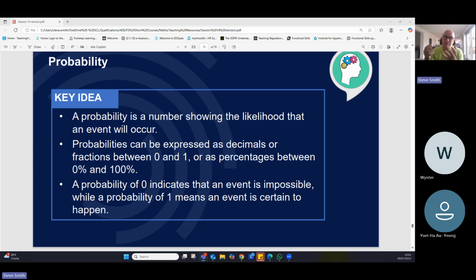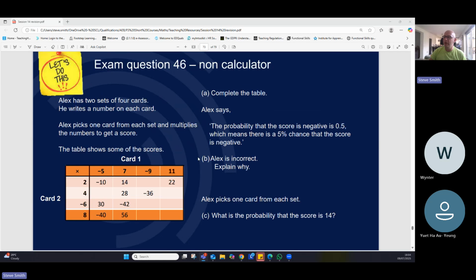With a bag of Skittles, there's normally about 20, so your chance of picking a yellow or an orange one will be out of 20. So probability is based on the chance of that occurrence happening. If we look at this question, it's a do-and-then-work-out-the-probability question.